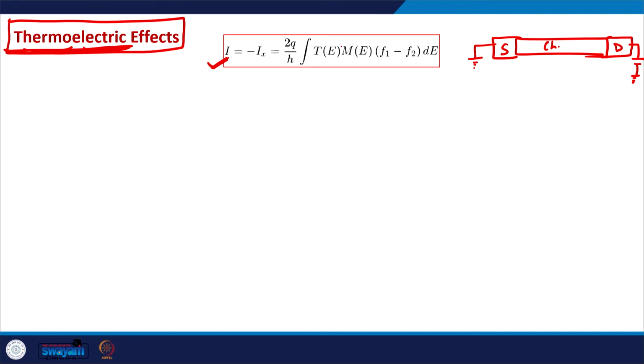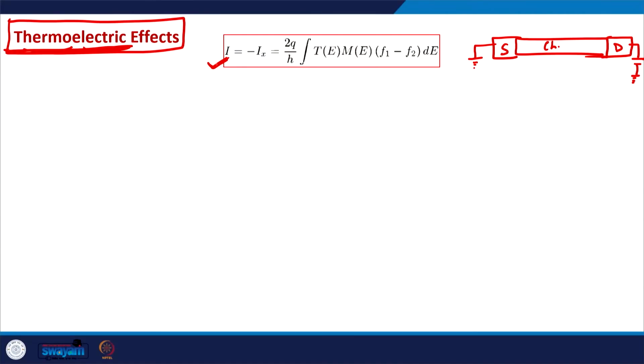So during that derivation, we just assume that there is a flow of electrons from the source side to the channel, and from the drain side to the channel. Apart from that, we did not have any specific assumption in this derivation.